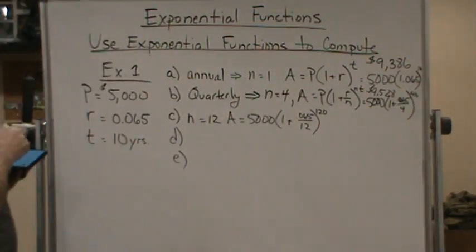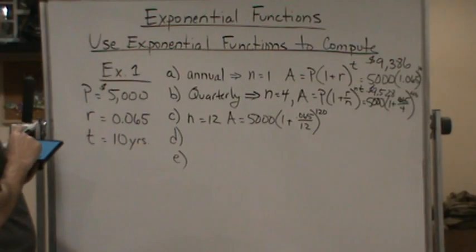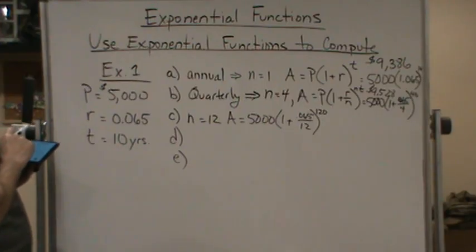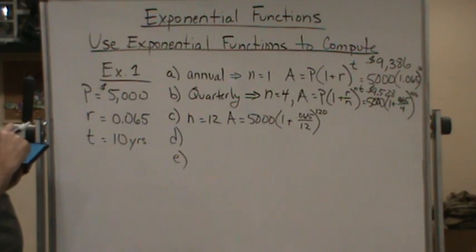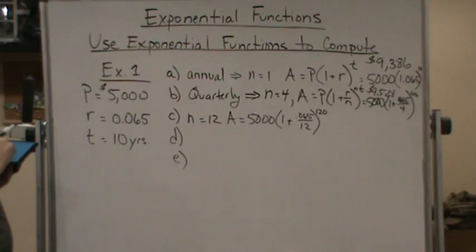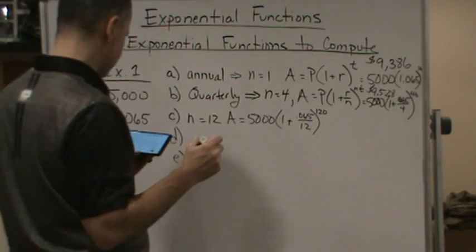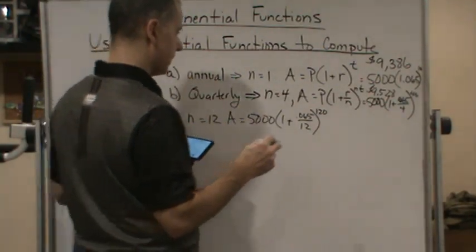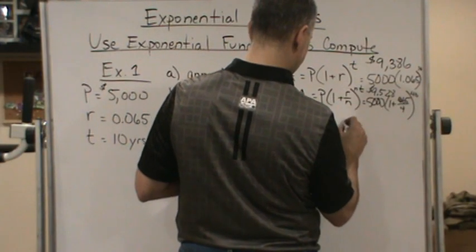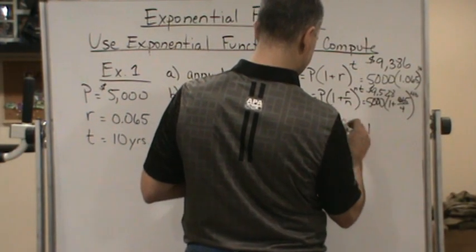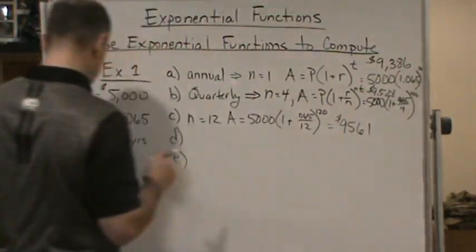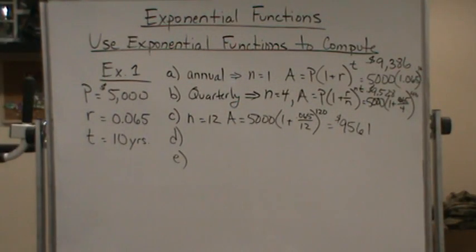So again, let's do that one more time: 0.065 divided by 12 plus 1 raised to the 120th power times 5,000. And now we get $9,561.